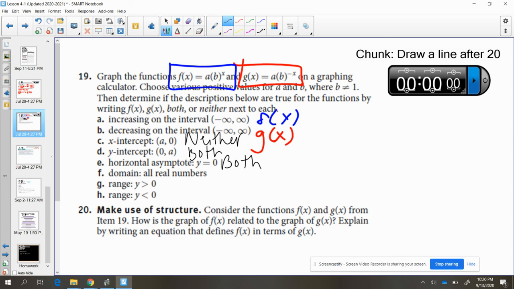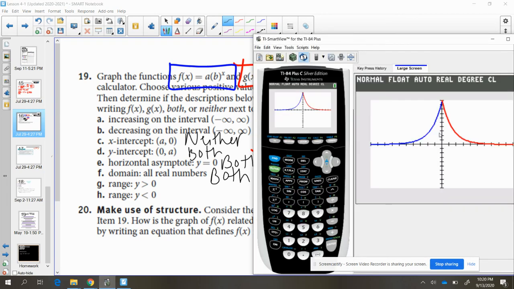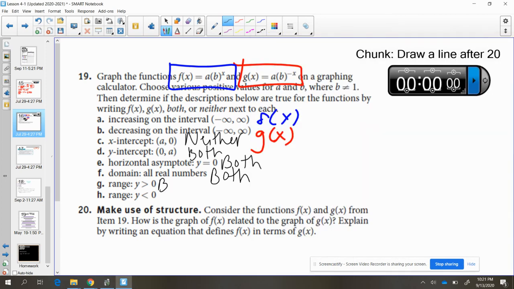And we also are going to see that both of them allow for all real numbers to be plugged into them. So the domain is all real numbers. Both of them are going to have a range above y equals 0, and neither of them has a range with y values below there. So again, it's another both, neither situation.